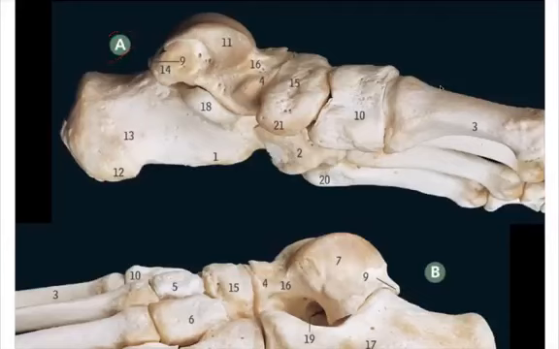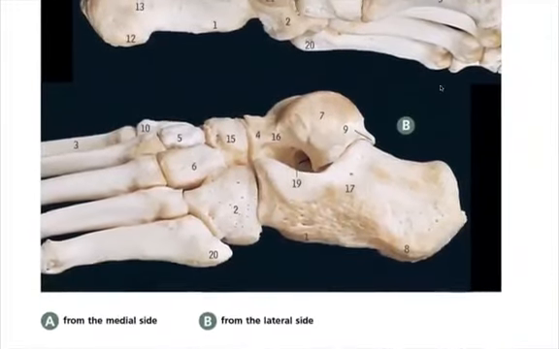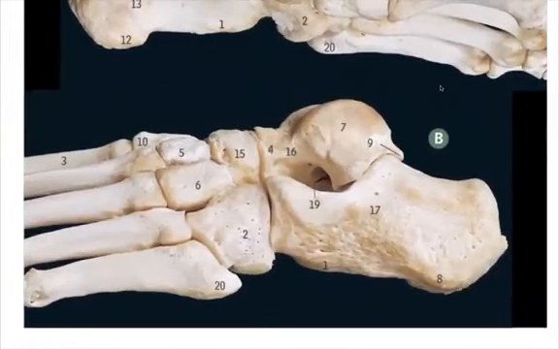Again, this is the calcaneus. This is the talus. Number 15 is the navicular. Number 10, it is the cuneiform. Also, you can see number 2 here, which is the cuboid bone. If you see the bones from the lateral aspect, or the lateral side, the same thing you are going to see: number 17 is the calcaneus.